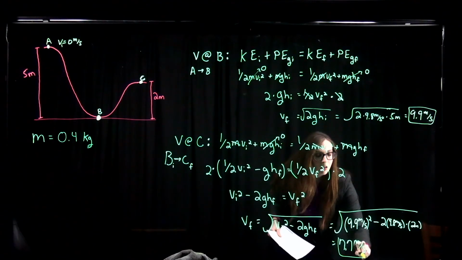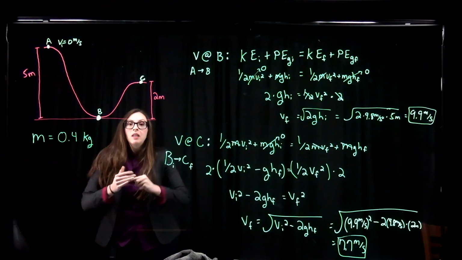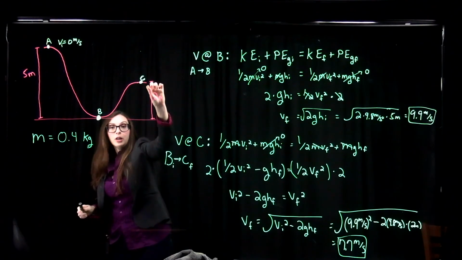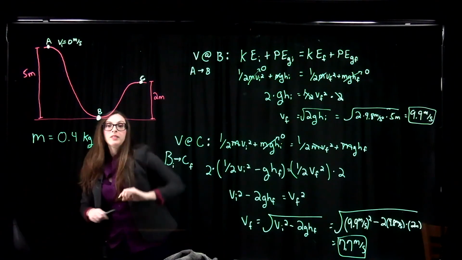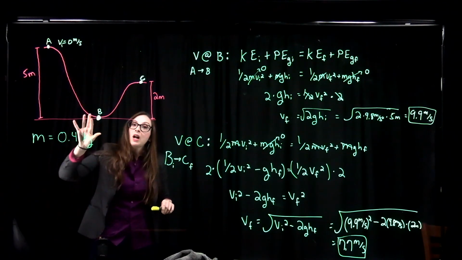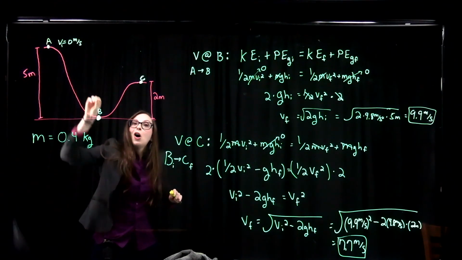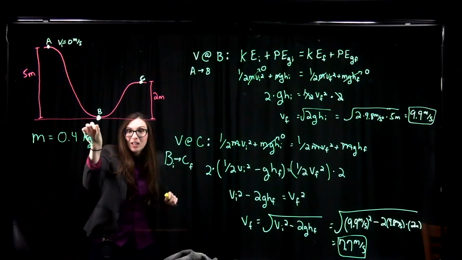If we're conserving energy this whole time, then I'm going to have a smaller velocity here at point C than I do here at point B. If I'm moving from A to B, I'm converting all that potential energy to just kinetic energy down here.